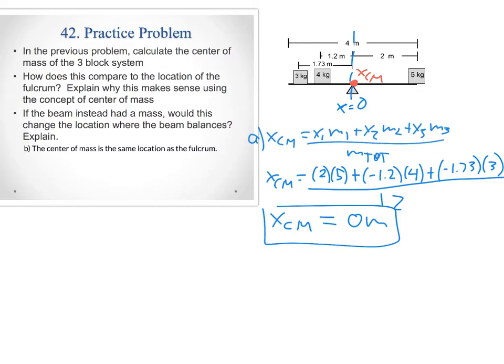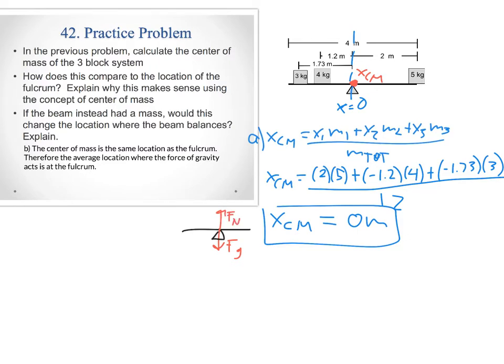at that point. And so if we think about the forces that are acting on our beam, with this idea of center of mass, we have the force of gravity acting from that point there where the fulcrum is, and then we have a normal force, or a force from the fulcrum, going up.